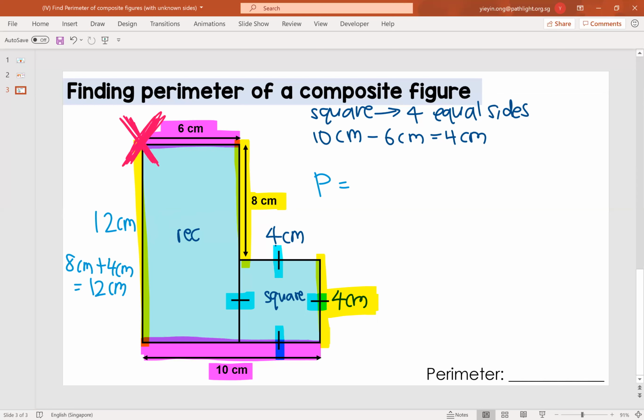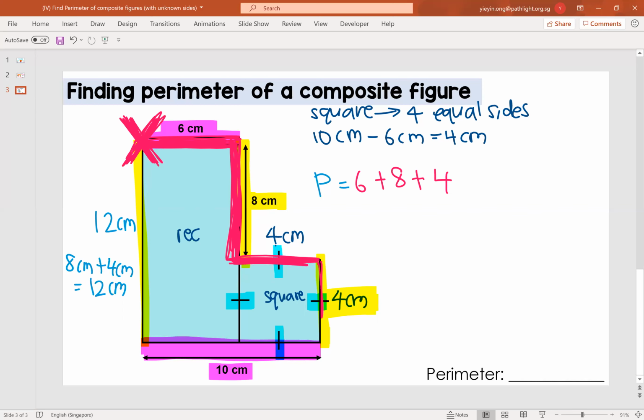So I'm going to walk to the right first, walking by 6 cm. So write down 6 plus, walking downwards by 8 cm. So 6 plus 8, plus walking along the side of the square, which is 4 centimeter, plus 4.